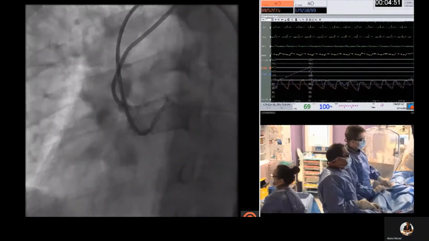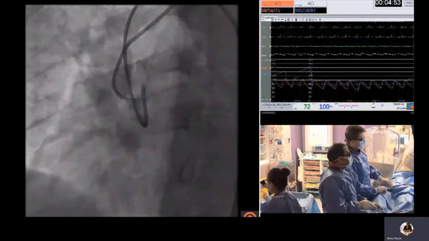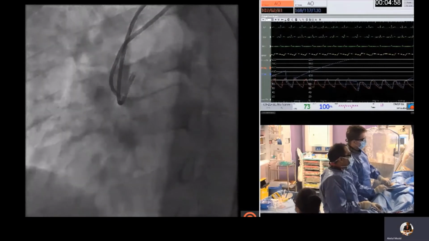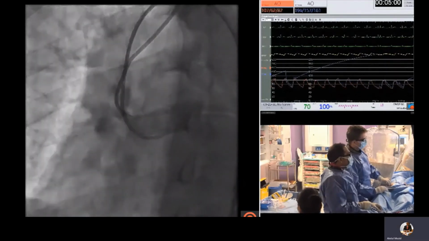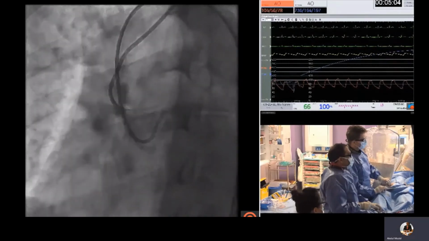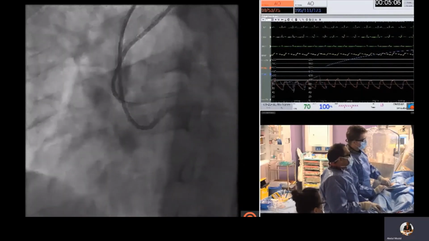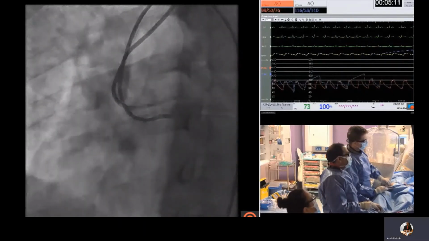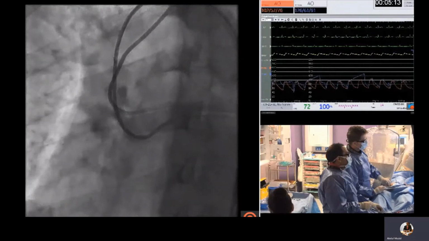So we attempted briefly to try and engage the right coronary artery, but this proved very difficult, in fact. So this was an Amplatz left one initially.